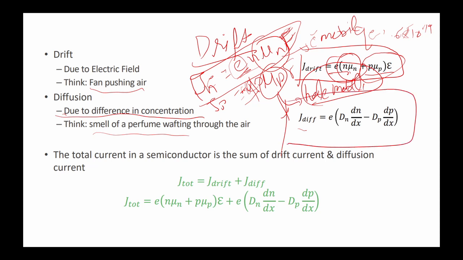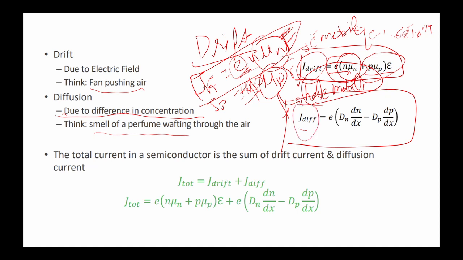So if we want to find the total current in a semiconductor, and we are also applying an external electric field, there will be current due to the concentration gradient as well as the application of the electric field. So the total current will be J drift, because of the application of the electric field, and J diffusion, because of the concentration gradient.